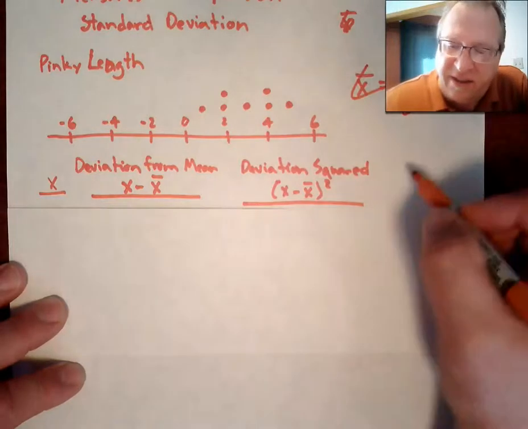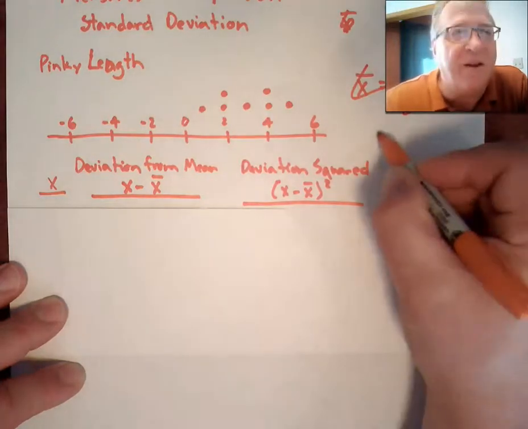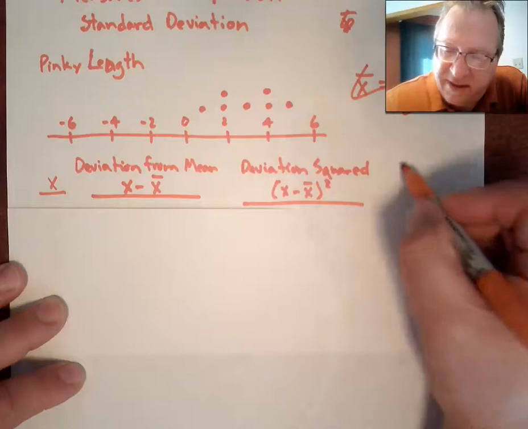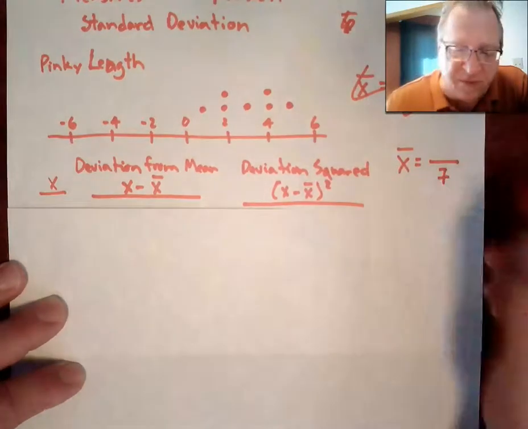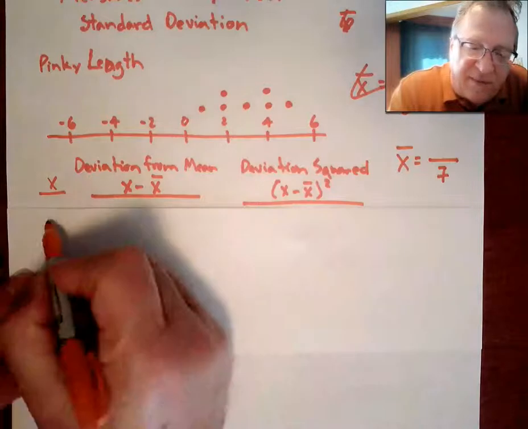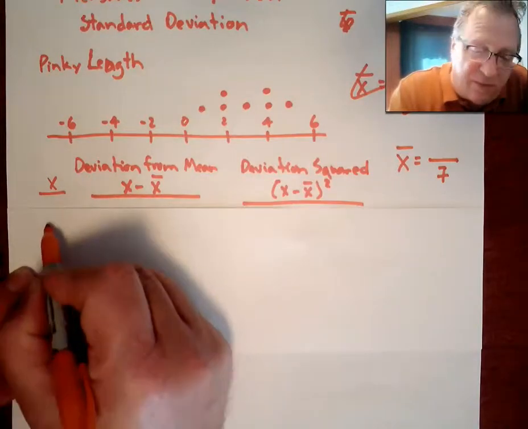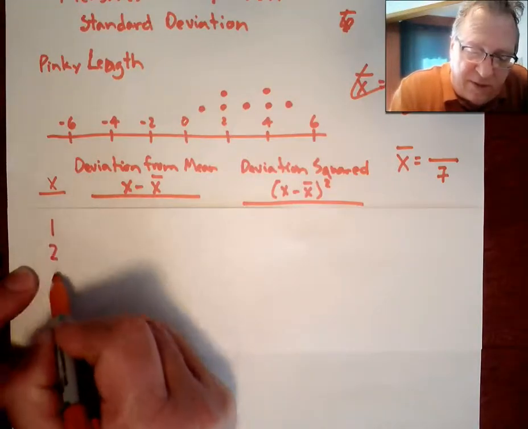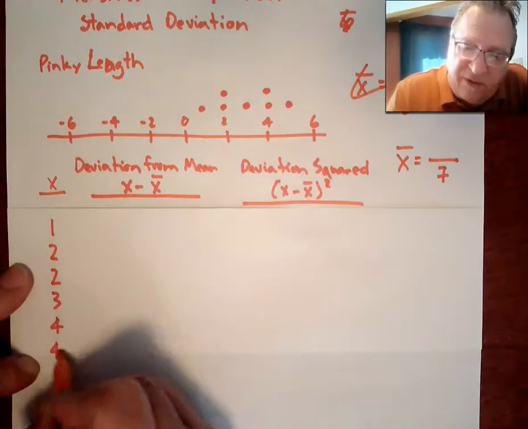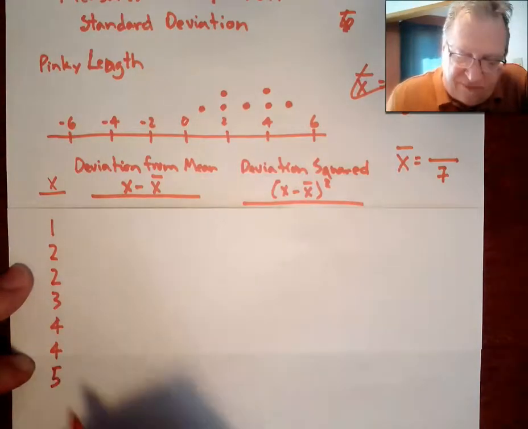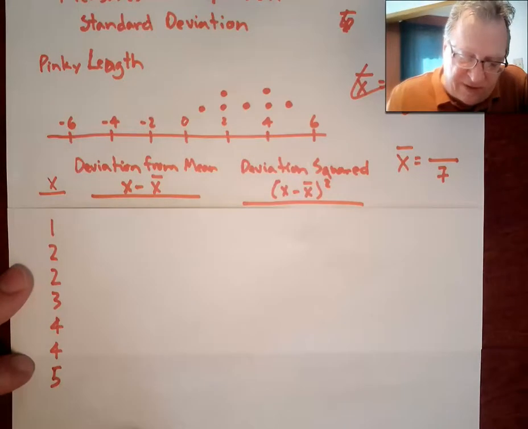Okay, our mean is coming down here. Let's see, x bar is going to be something over 7. We're not sure what yet. Let's list my values. I've got 1, 2, 2, 3, 4, 4, and 5. And I'm going to leave some room. You'll see why.